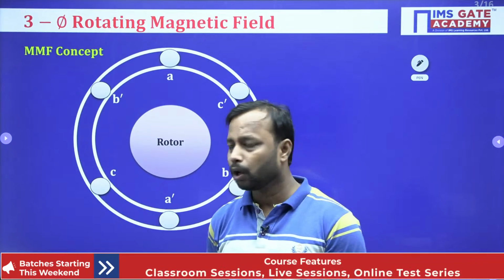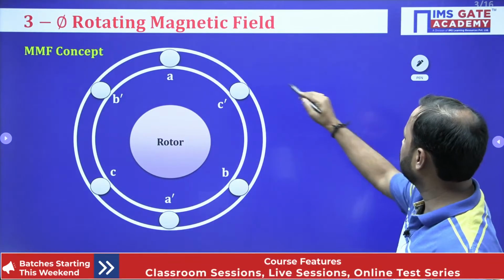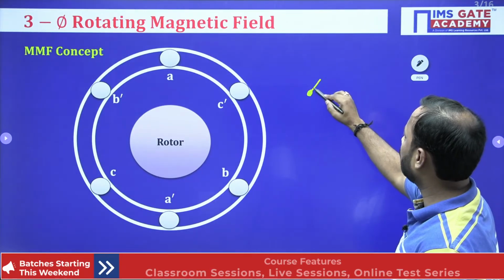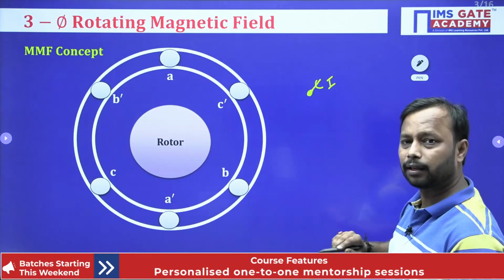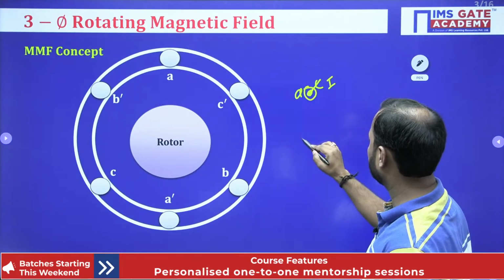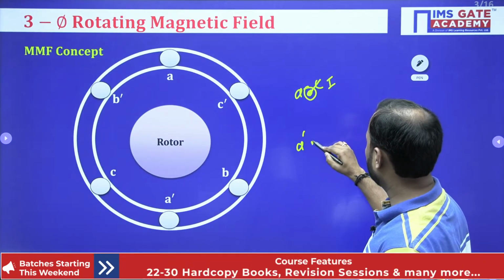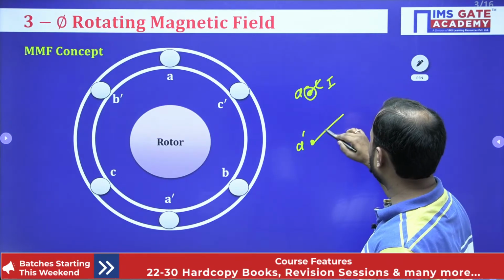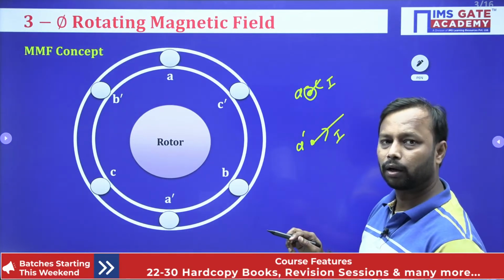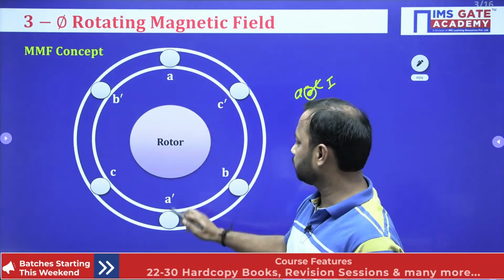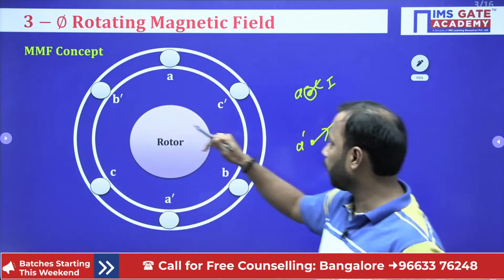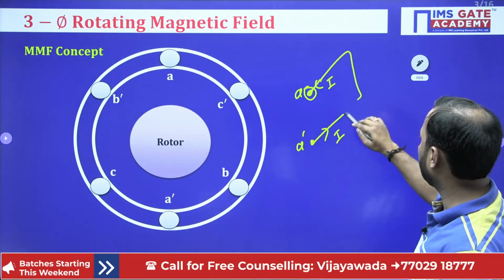So see, this portion is A, a conductor which is carrying a current I, and this A dash will take back the same current I. I hope you have got the idea that these are basically two conductors joined at the end like this.